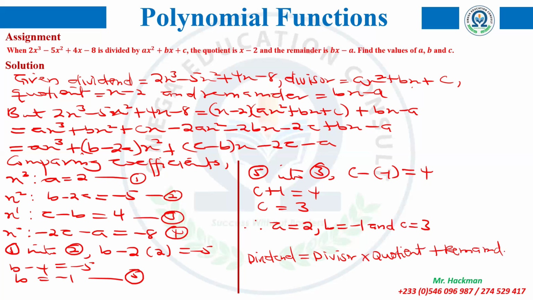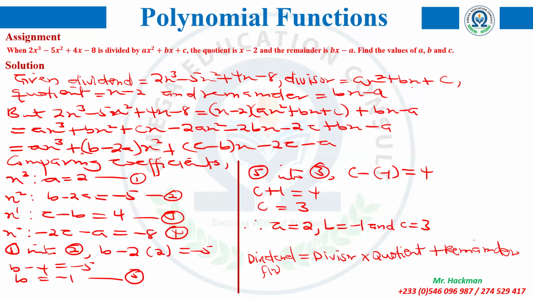So you should know this. Your dividend, like I said, is always the same as your f of x, your polynomial. In a special situation where your divisor is a factor, your polynomial will be equal to what we have here. Like the previous assignment and even the subsequent, we dealt with that.